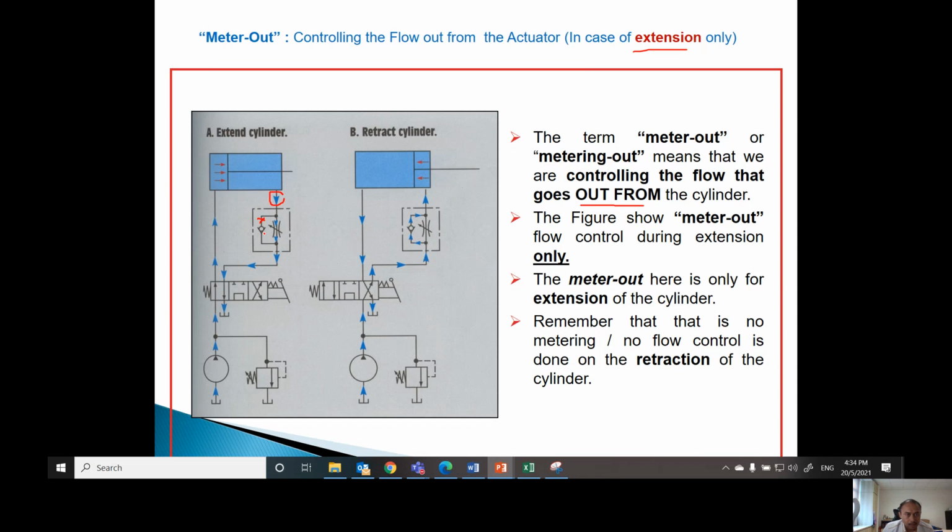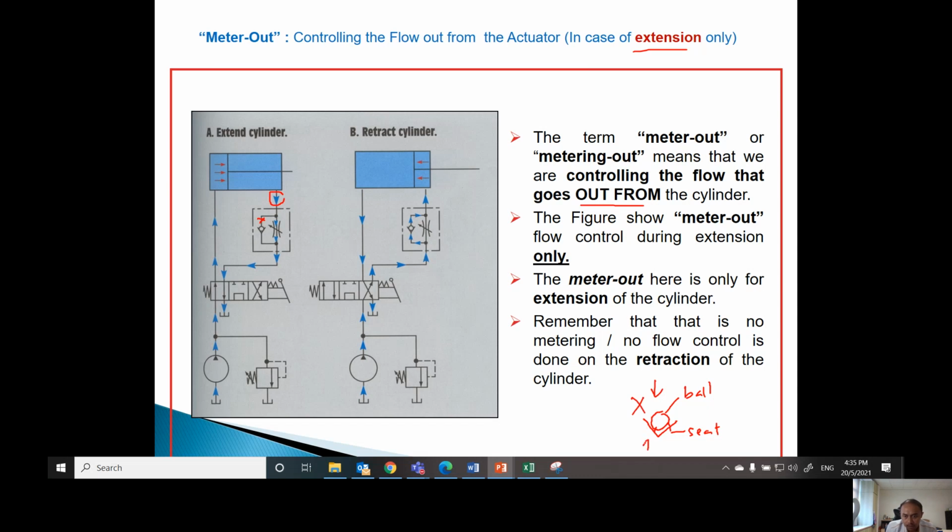So please take a look at the check valve and the seat element. It is very important for you to understand how a check valve works. For the check valve, we have a seat and then we have a ball. So this is a seat, and this one is like a ball. Whenever you have flow towards this direction, the ball will be stuck, right? When the ball is stuck, there is no flow.